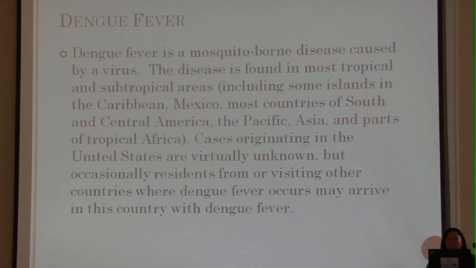Dengue fever is a mosquito-borne disease caused by a virus. The disease is found in most tropical and subtropical areas, including some islands in the Caribbean, Mexico, some countries in South and Central America, the Pacific, Asia, and parts of tropical Africa. Cases originating in the United States are virtually unknown, but occasionally residents from other countries visiting with dengue fever may come to this country with it.